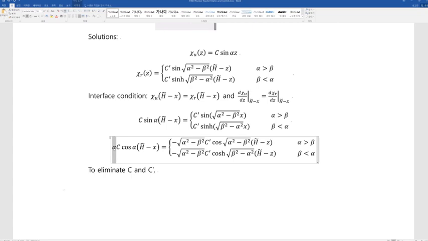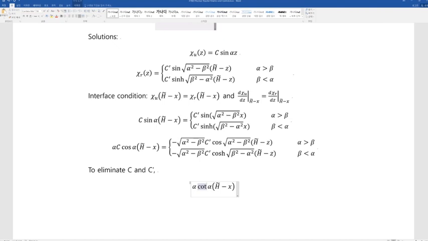So if we want alpha instead of 1 over alpha, then we are going to divide the latter with the former. So cosine over sine would be cotangent. Cotangent of alpha times h tilde minus x.